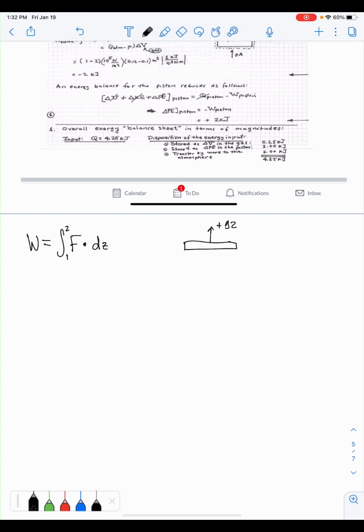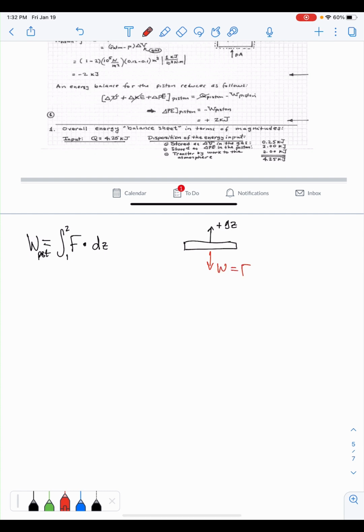So you know that there's going to be a positive change in the z direction. However, when we're integrating, at least for this piston, what is the force being done to the piston? And that comes in the form of gravitational pull, also known as the weight.